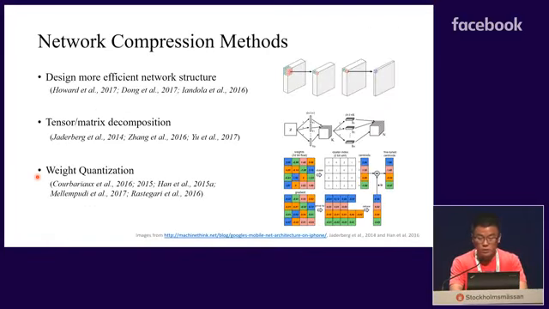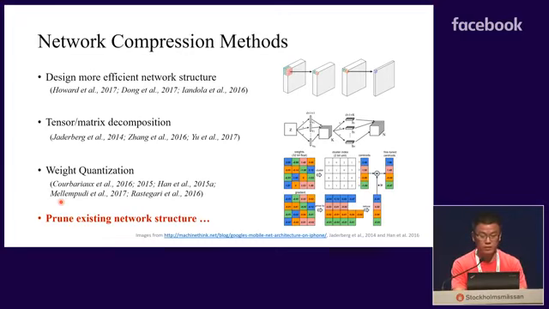Previous works that try to compress neural networks include designing more efficient network structures, tensor or matrix decomposition, and weight quantization. The first method to compress a neural network is pruning the existing network structure.